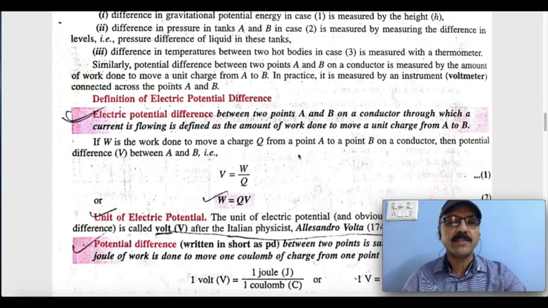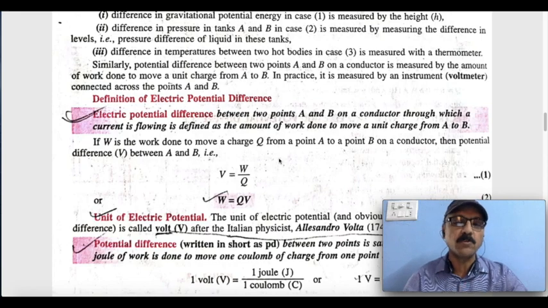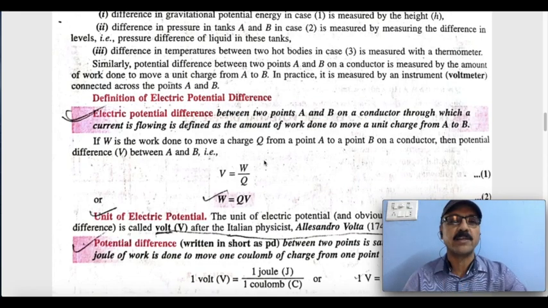In other words, electric potential difference is the amount of work done required to bring a unit charge from one point to another against the electrostatic force, and electric potential is the work done required to bring a unit positive charge from infinity to that point in the electric field against the electrostatic force.